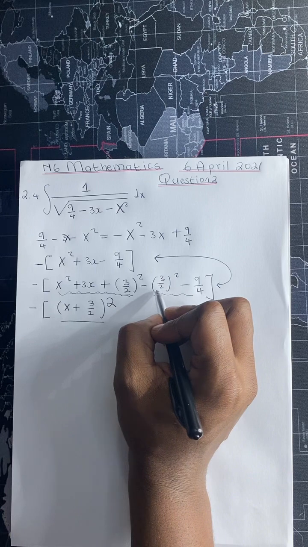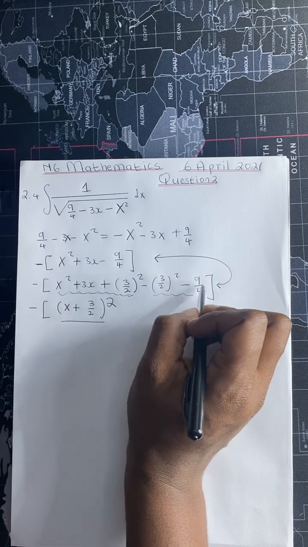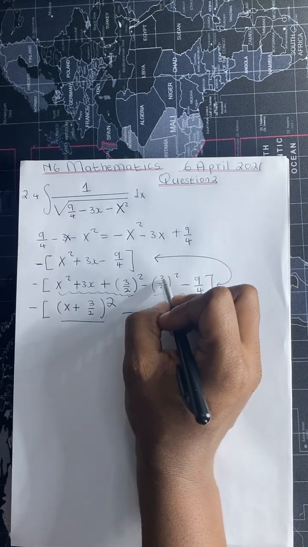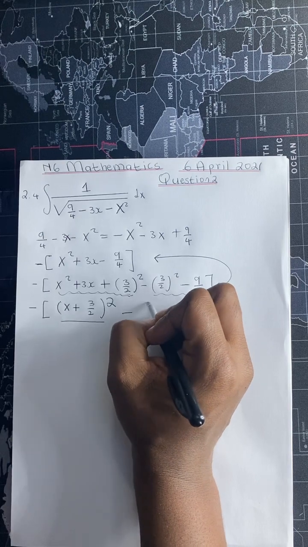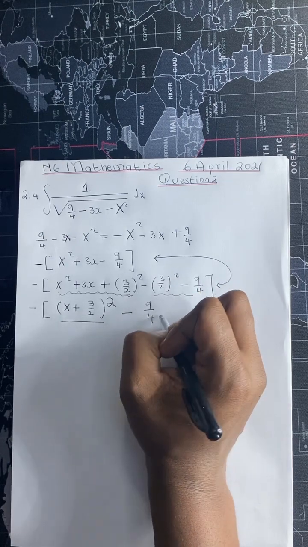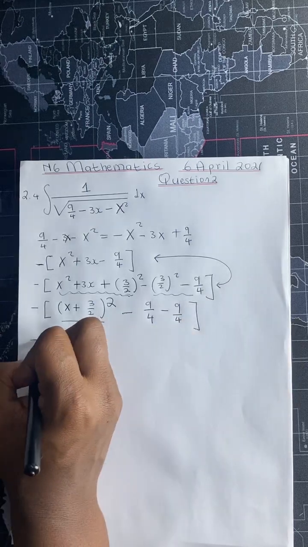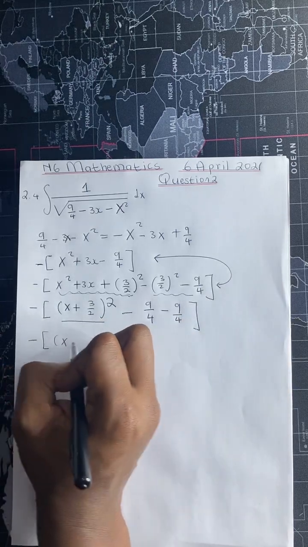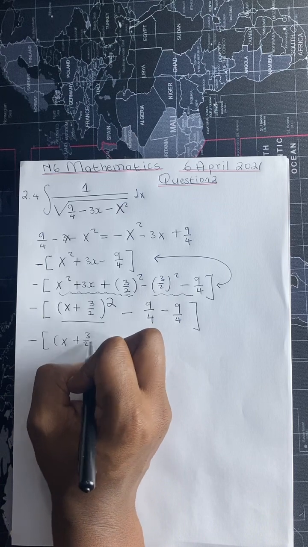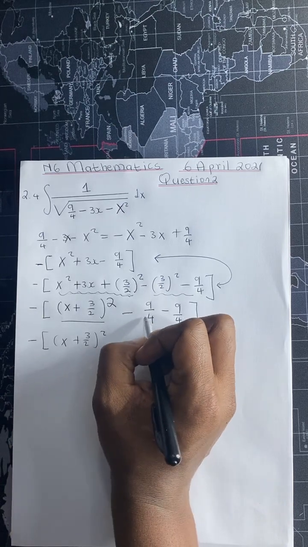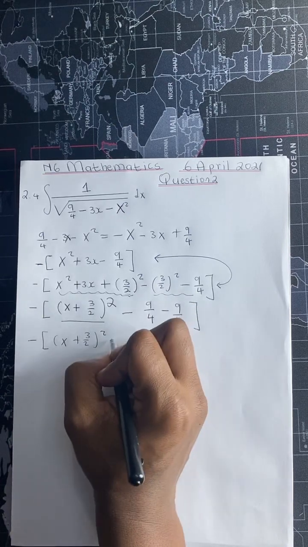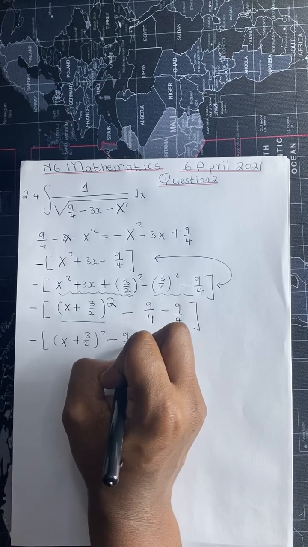So now we are left with negative 3 over 2 squared minus 9 over 4. So 3 over 2 squared is equal to 9 over 4, minus 9 over 4. So negative 9 over 4 minus 9 over 4 is equal to negative 9 over 2.